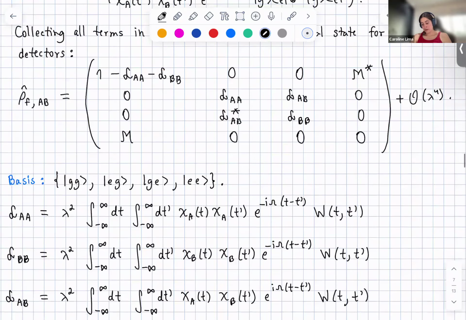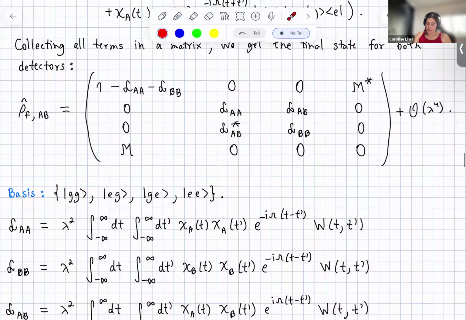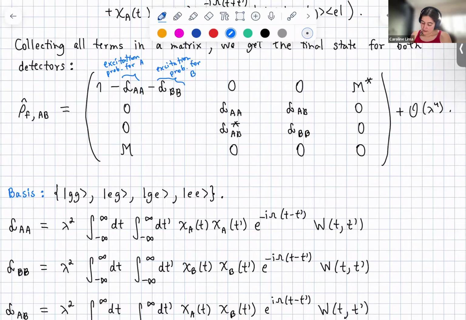And if you look into this matrix, basically what we have here is the excitation probability for A. This is the excitation probability for B. And they appear here as well.